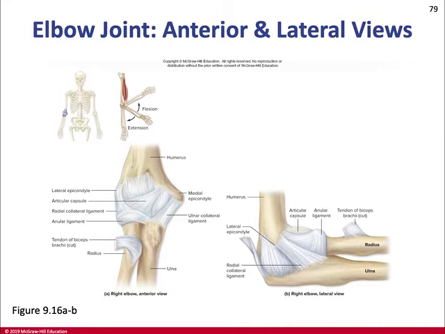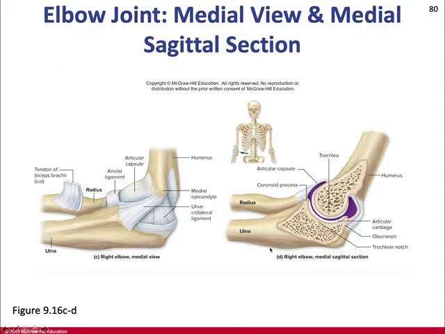The coronoid process of the ulna fits into the coronoid fossa, and then the olecranon fits into the much deeper olecranon fossa. That allows these protrusions to fit into these depressions relatively easily. And then there's the trochlea sitting in the trochlear notch.